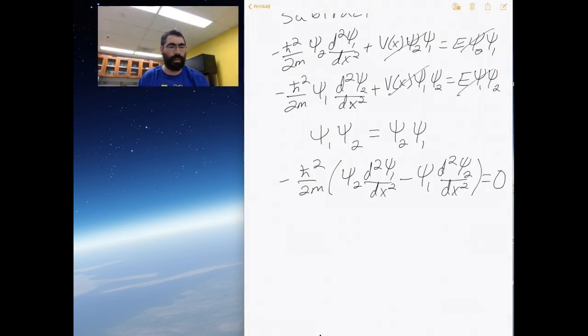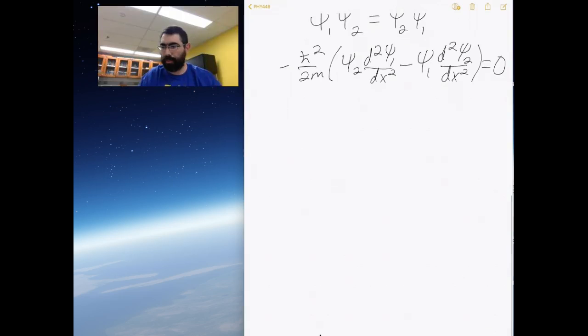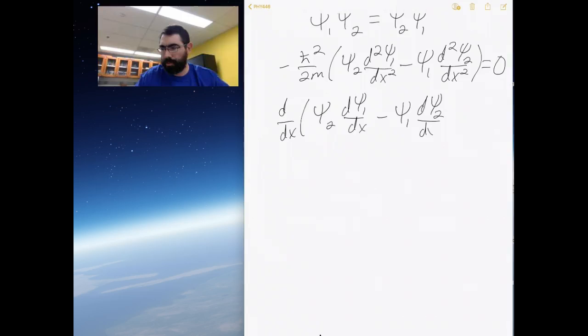Okay, so let's clean this up a little bit more. I can show through the chain rule that if we took the first order derivative of psi2, the first derivative of psi1, minus psi1, the first derivative of psi2, then I have to apply the chain rule.